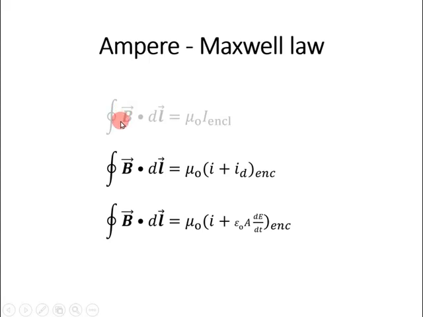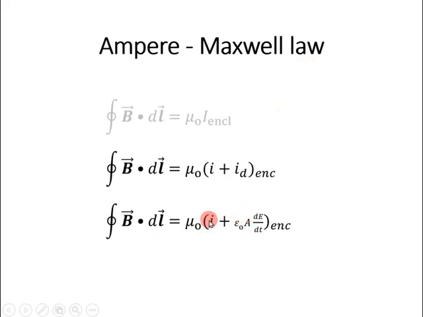So we are modifying Ampere's law. This is Ampere's law. We are now going to include a displacement current, and this displacement current must also be within the magnetic field line. So this displacement current can now be expressed as a changing electric flux, and the whole thing becomes the Ampere-Maxwell law.